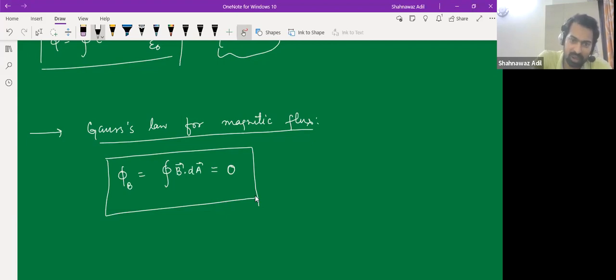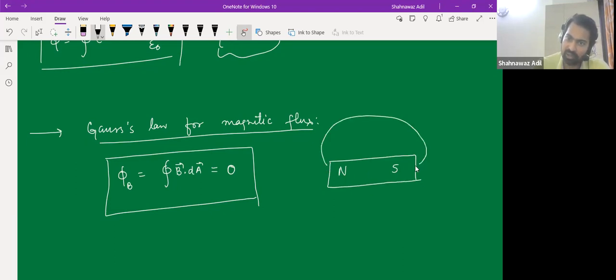So this law says that whatever, let's say you have this magnet, and it has some field lines. Let's say you are calculating this one, and then this one, and this one and this one.